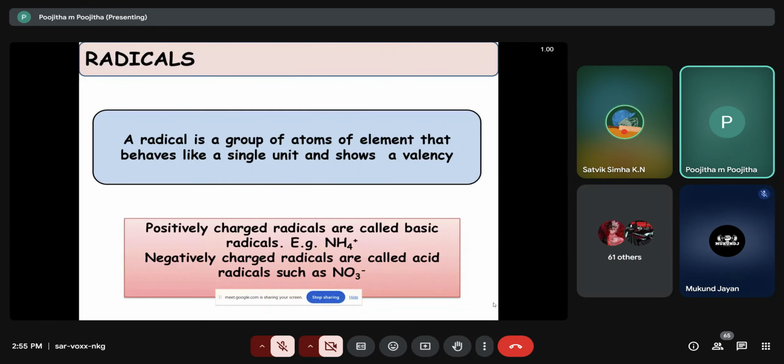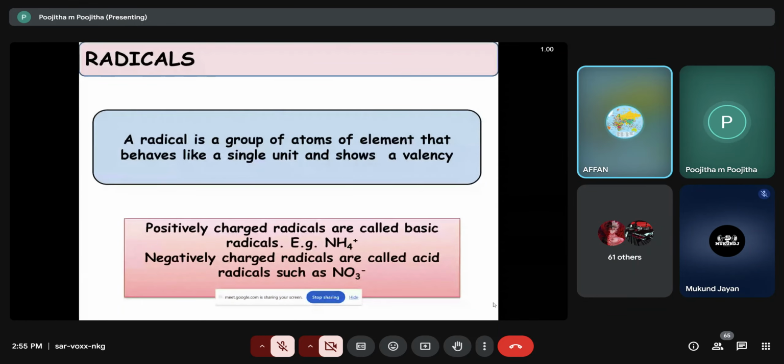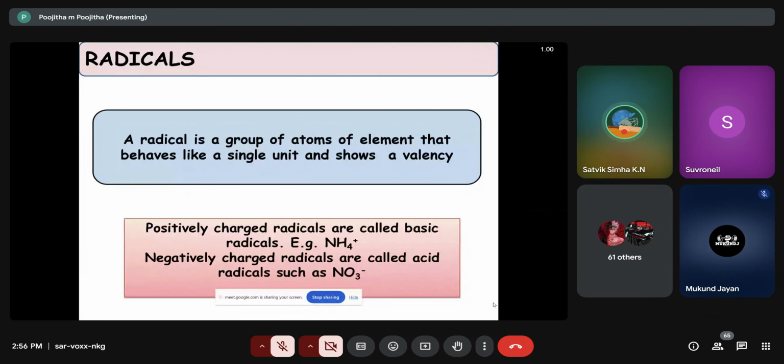Yes, ma'am. First time when you learned radical, basic radical, acid radical, all those were there in your grade 7 as well. Ma'am, is NH4+ the only example for basic radicals? Yeah, in your syllabus you have only NH4+. Okay.